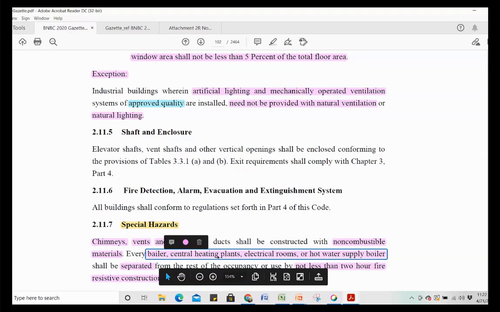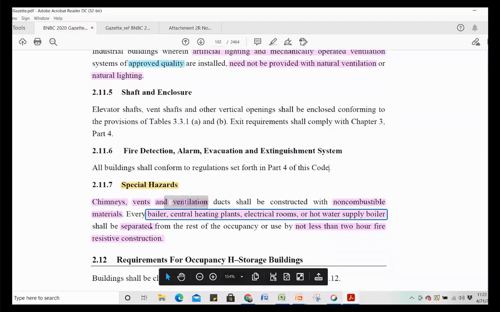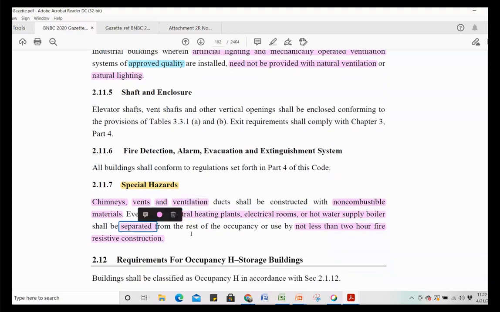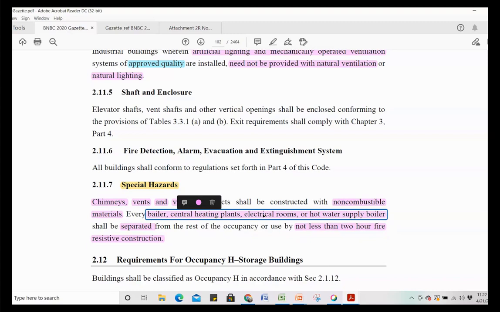Even boiler, central heating plants, electrical rooms, or hot water supply boiler shall be separated from the rest of the occupancy and be of not less than 2-hour fire resistive construction. So there are two things about these particular components.